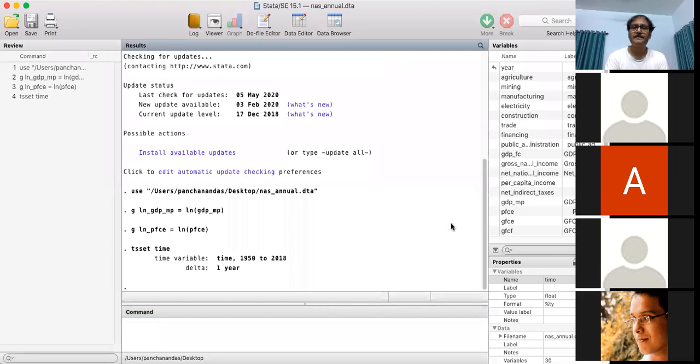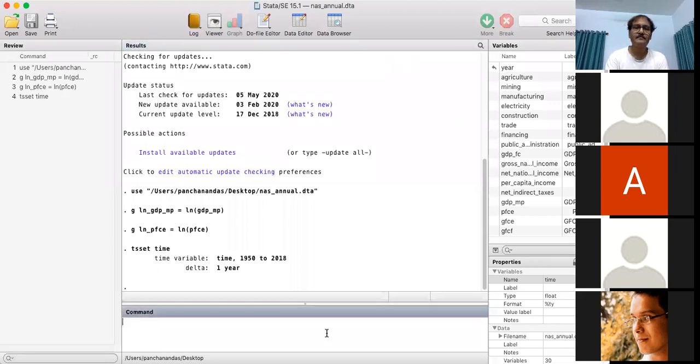So after setting a time variable, let us look at the time behavior of the series.